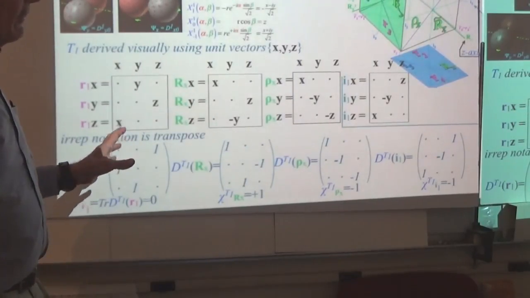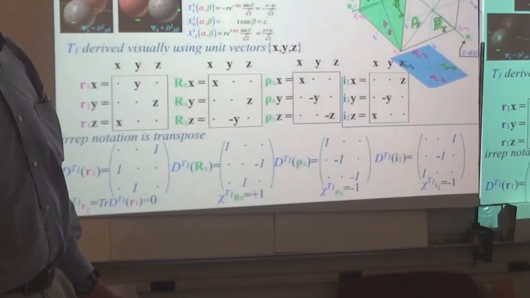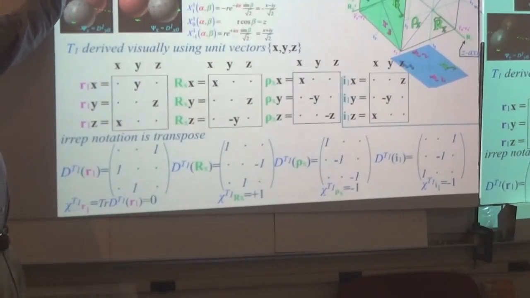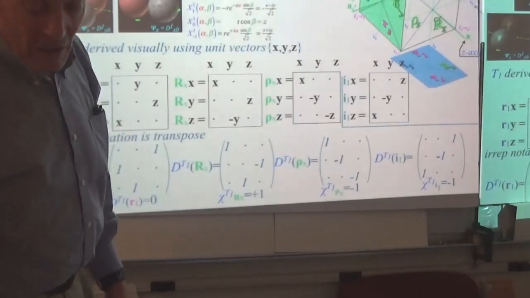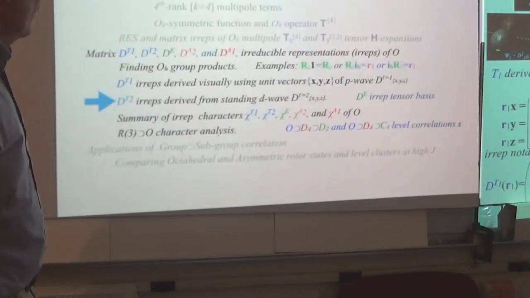There is one matrix that we haven't put here, and that's the unit matrix. Its trace is 3 for this particular representation, and that's why this is T for triple. The first element in the character table will be a 3 for this representation, and we'll see that soon enough here.